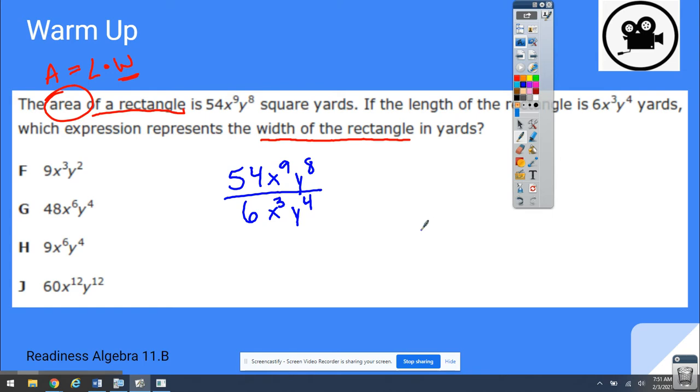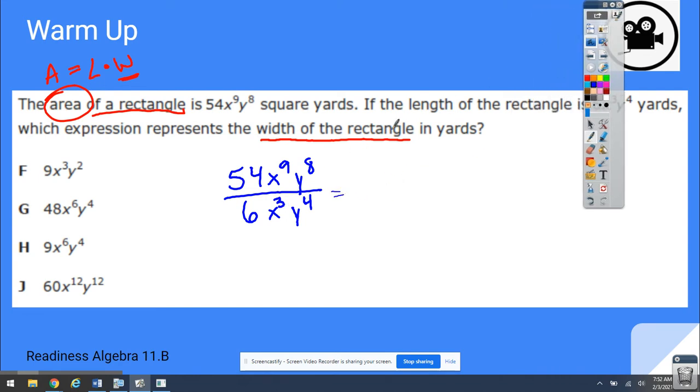Okay, so the one thing we're going to do, test-taking strategy wise, is get rid of your exponents. So in other words, I take a look at the x's on the top and bottom, and then I'm just going to expand it out, kind of practicing what we did in class.